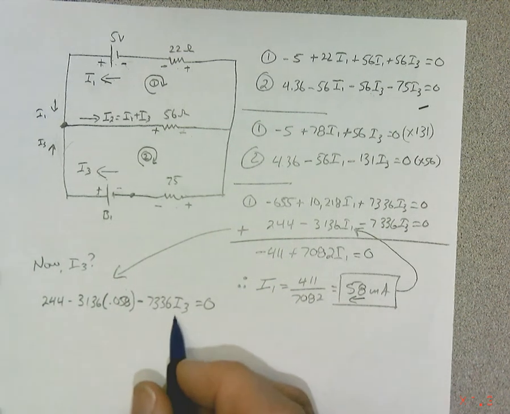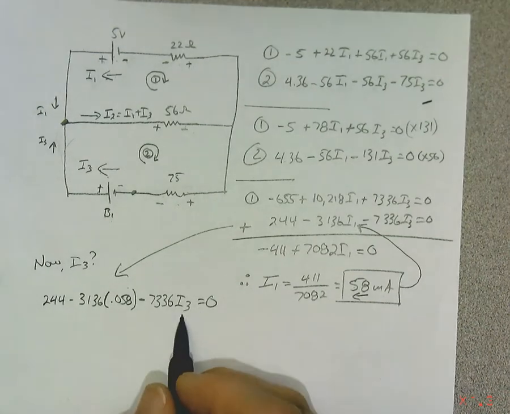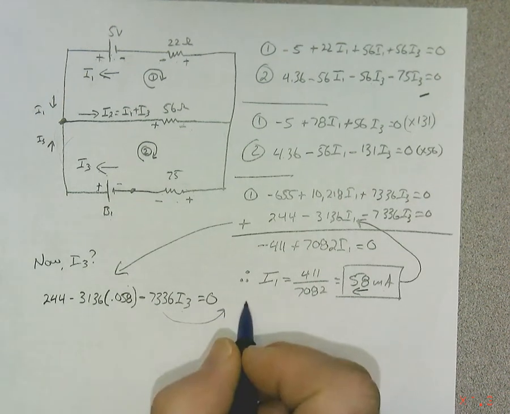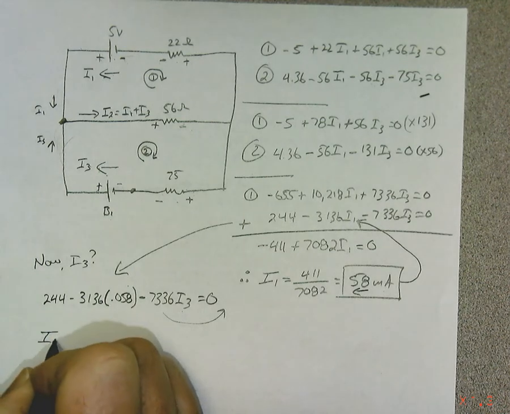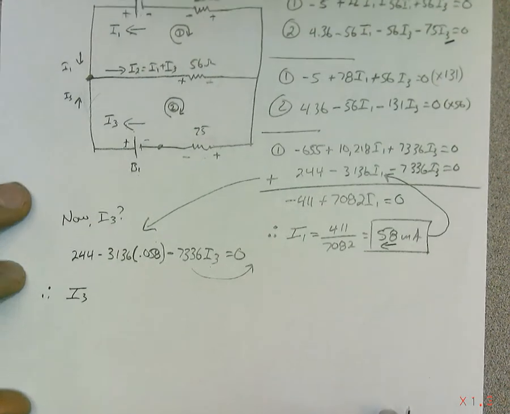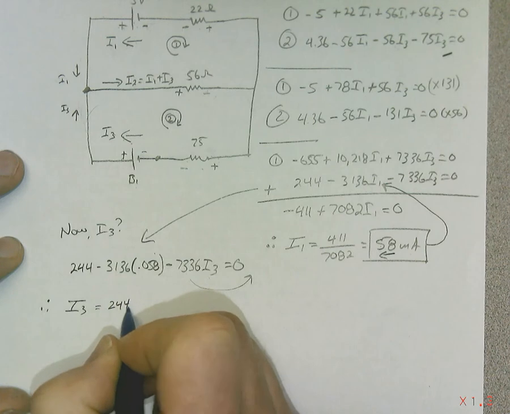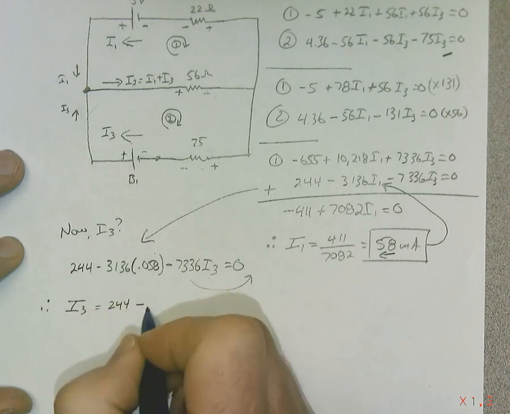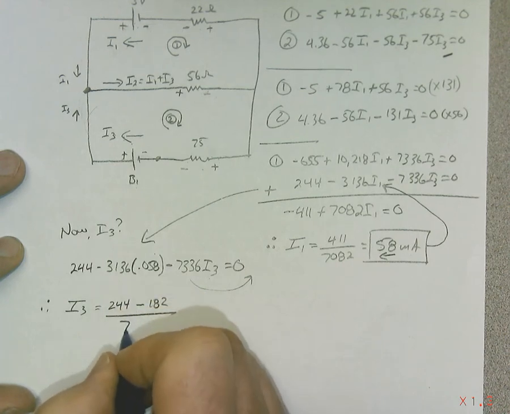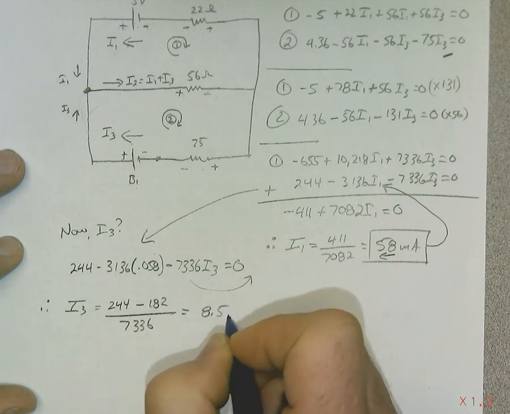You notice the only thing it has in it is I3 as a variable. So we can bring this over to this side, and I'm going to just solve in one line here, I3. Therefore, I3 is equal to 244 minus, when you multiply this together, you get 182, all over 7336, and that gives us 8.5 milliamps.